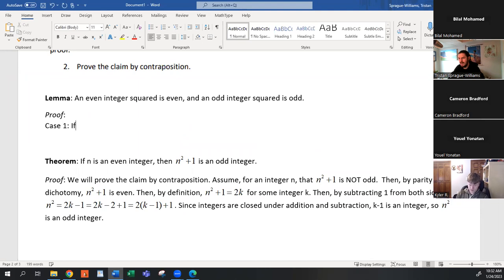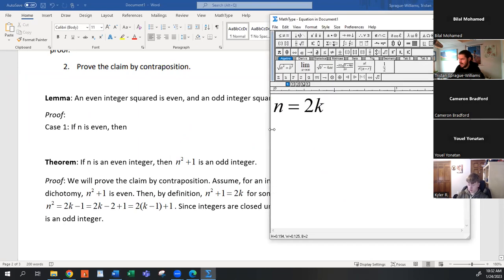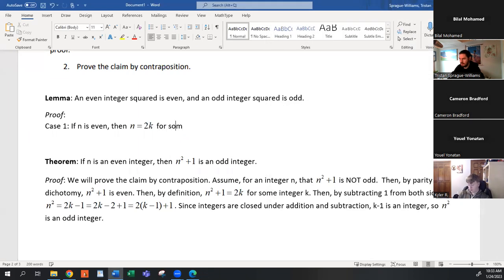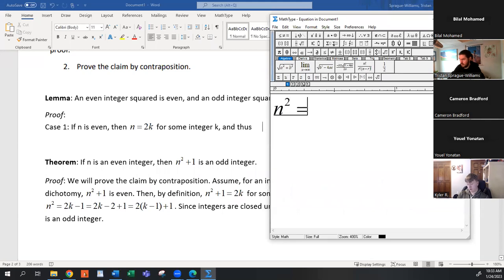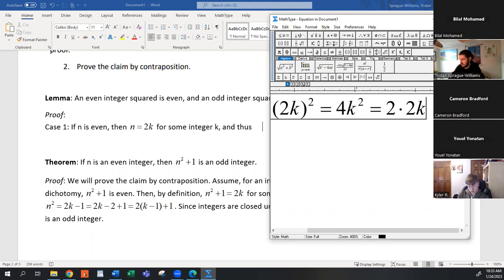Case 1: if n is even, then n equals 2k for some integer k, and thus n squared equals (2k) squared, like we did before, which is 4k squared, which is 2 times 2k squared.